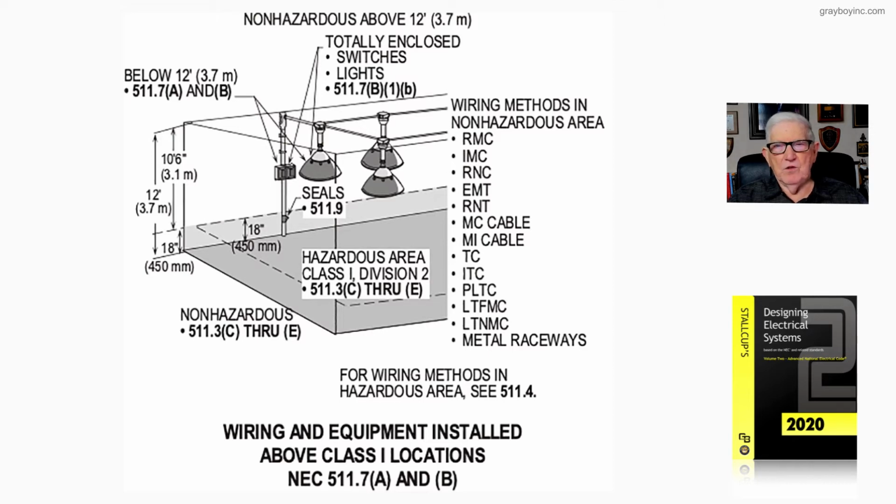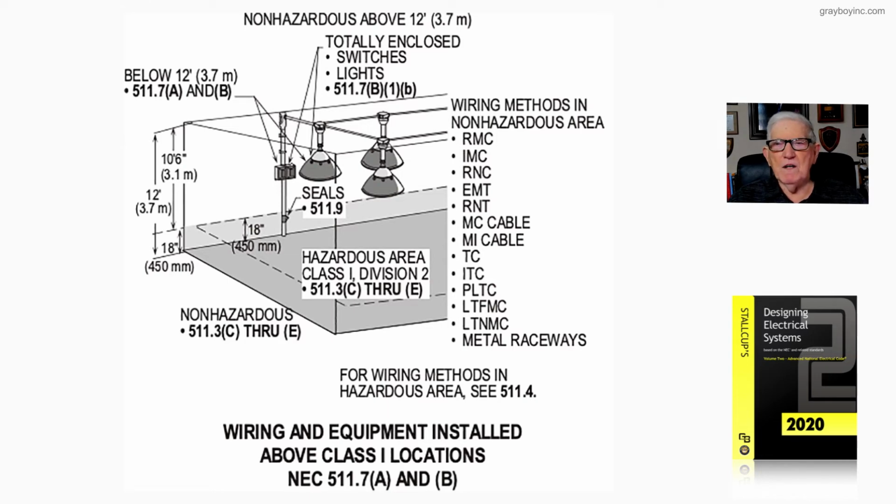Now, you would have to have a Class 1 Division 2 fixture if you had those fixtures within the 18-inch rule. So you can see these lighting fixtures are below the 12 foot, but they're beyond the 18-inch area. So you just have to have them totally enclosed switches and lights in accordance with 511.7 B1B.